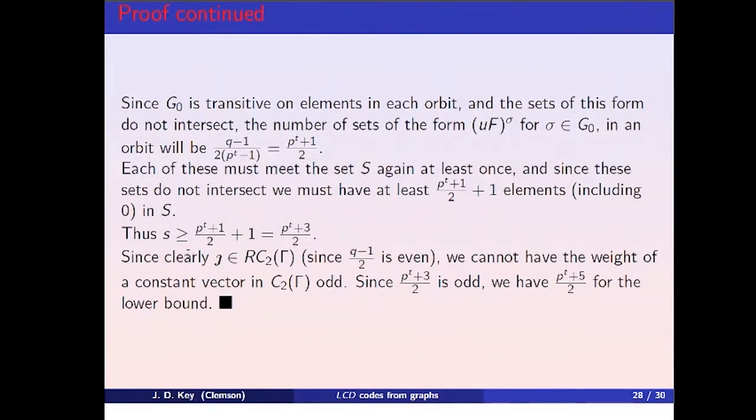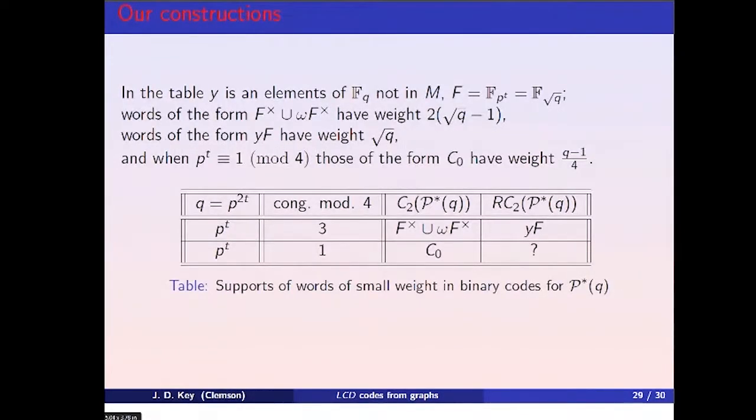But since the J vector is in RC perp, and (q-1)/2 is even, you can't have a constant vector of odd length. I mean, it's binary, so that's irrelevant. So you can stick on another 1 to that and get that for your bound. So it gives some sort of bounds.